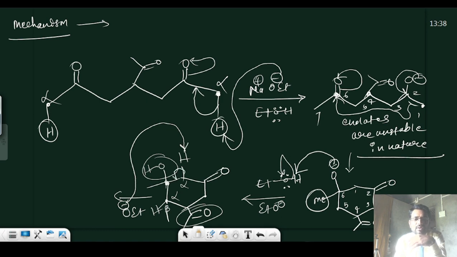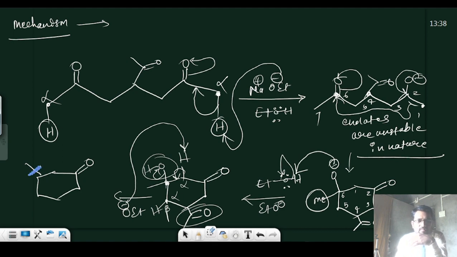Okay. So the base will take proton from this side, and simultaneously this will come back here and it will leave the reaction, and there is a formation of a double bond over here like this. This is a double bond system, and this is our methyl system.